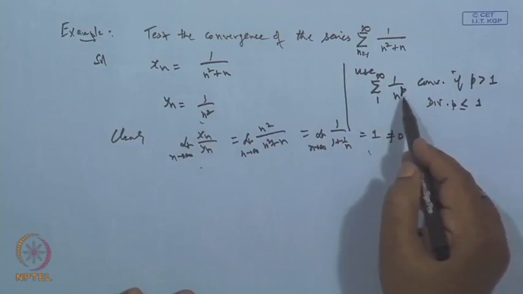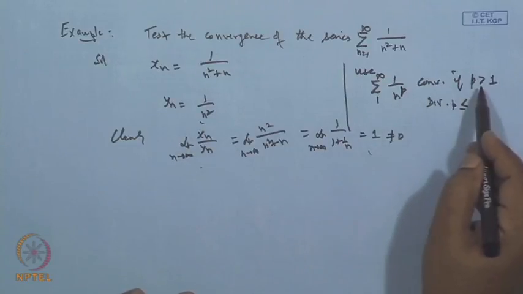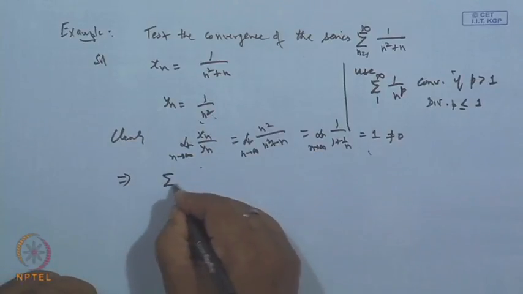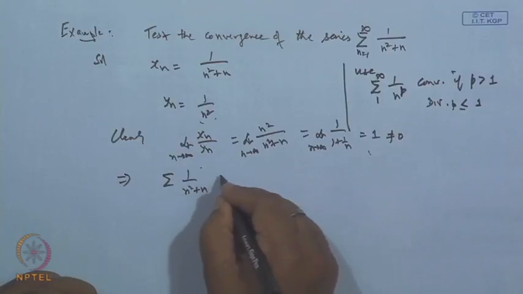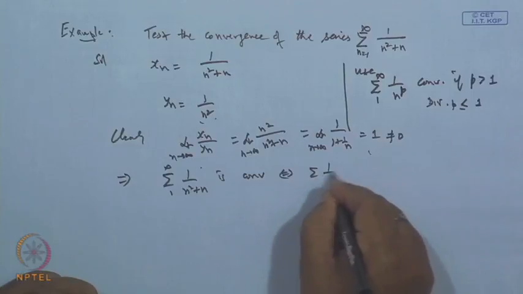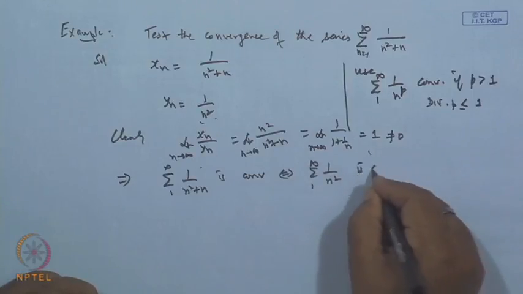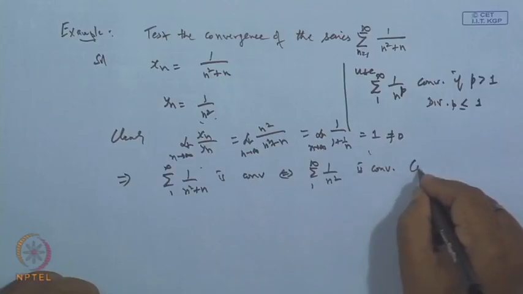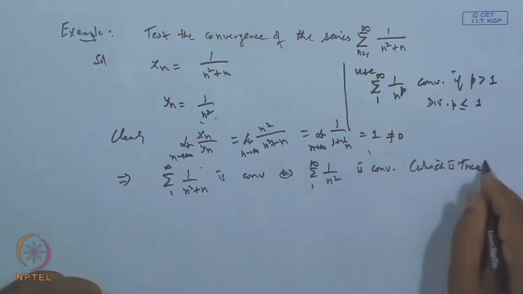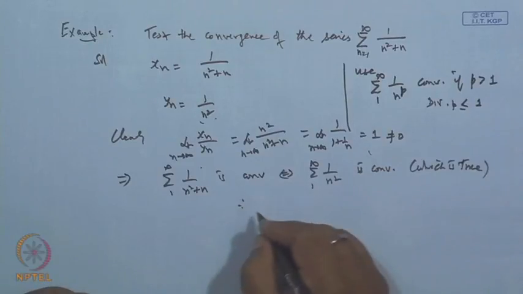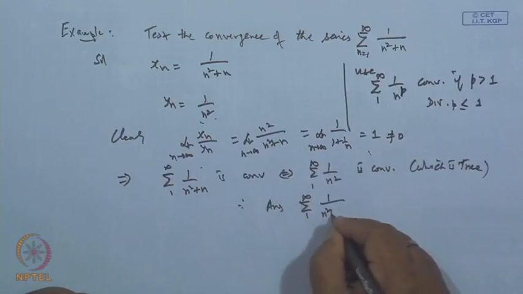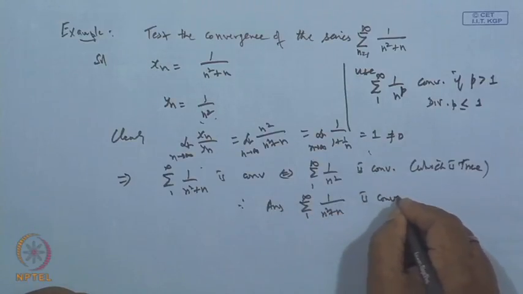But this series is of the form sigma 1 upon n to the power p, where p is greater than 1, so it converges. This implies that sigma 1 over n square plus n is convergent if and only if sigma 1 by n square is convergent, which is true. Therefore, the answer is: the series 1 over n square plus n from 1 to infinity is convergent.